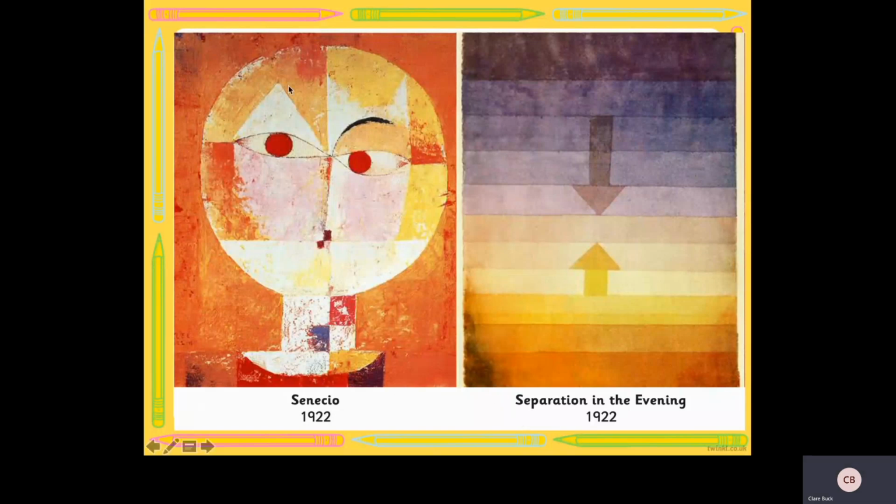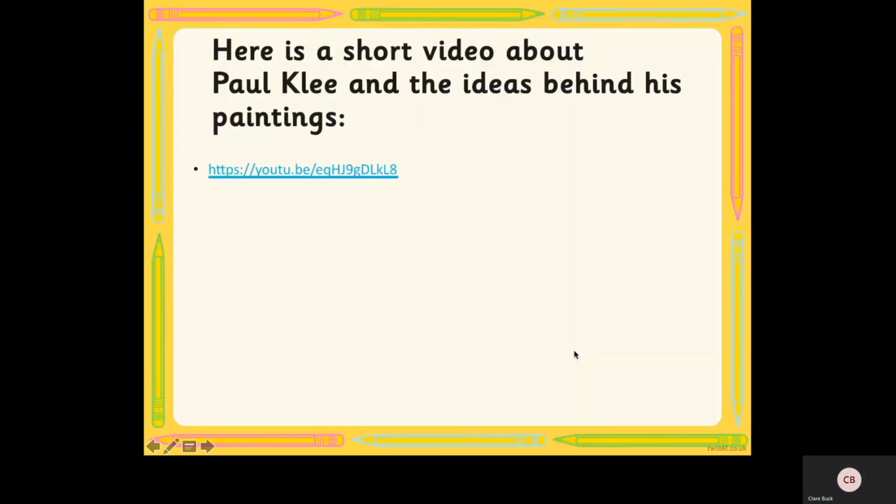And Senecio means old man, I think, in Latin. So a portrait of an old man. And if you remember, we tried to recreate this sort of colour wash before, didn't we? So there's a short video on YouTube. If you want to have a look at that, you're welcome to on this link. And it talks about the ideas behind his paintings.